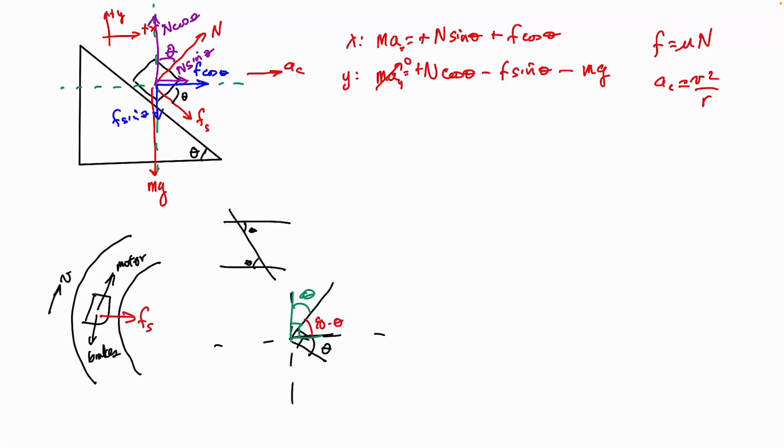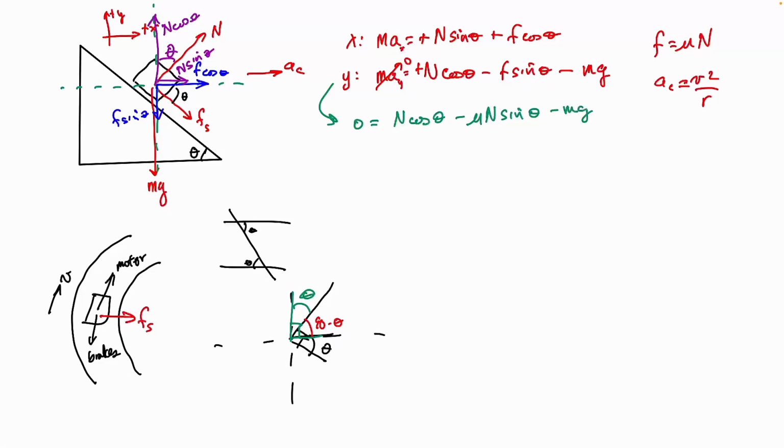So let's see here. I'm going to start with the y equation right here. Let's take this one down here. 0 equals n cosine theta minus, all right, what can I do in place of f? I can do mu times n sine theta minus mg.